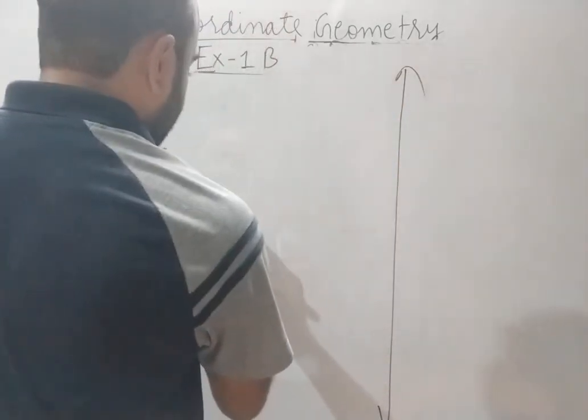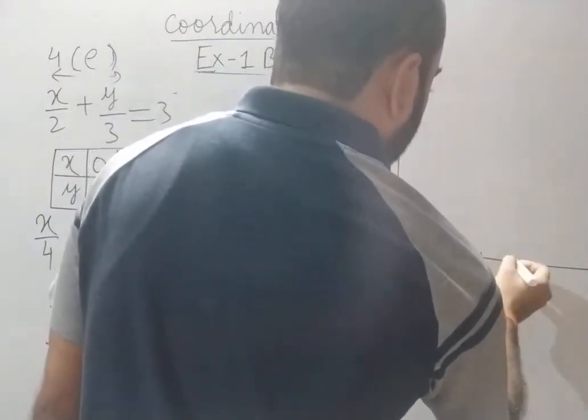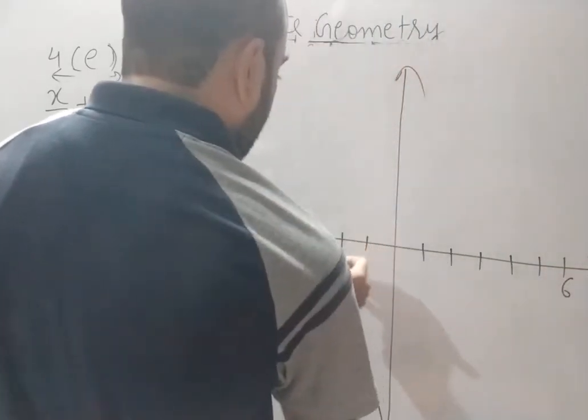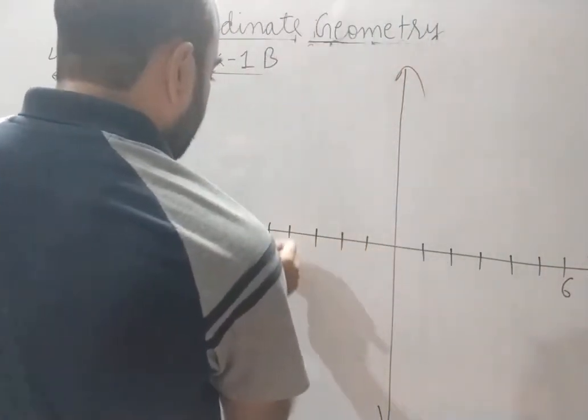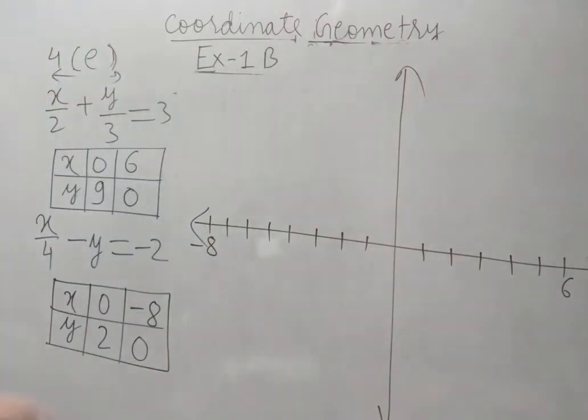So 1, 2, 3, 4, 5, 6, and 1, 2, 3, 4, 5, 6, 7, 8. So minus 8, correct? Now on the y-axis, 9, 0, 2, 0.